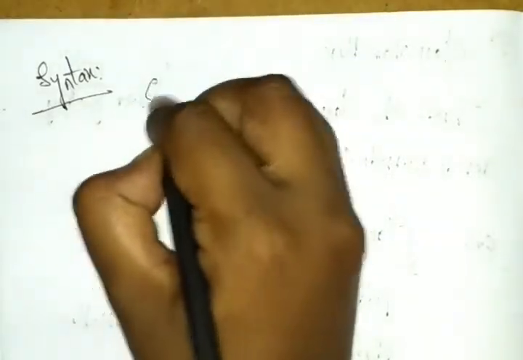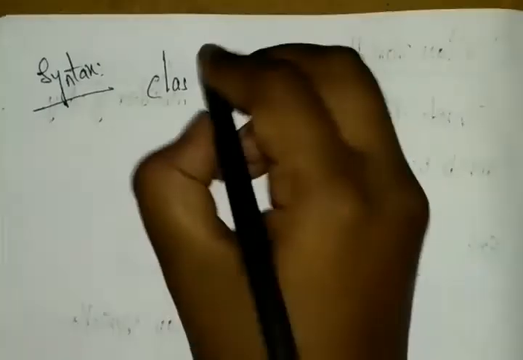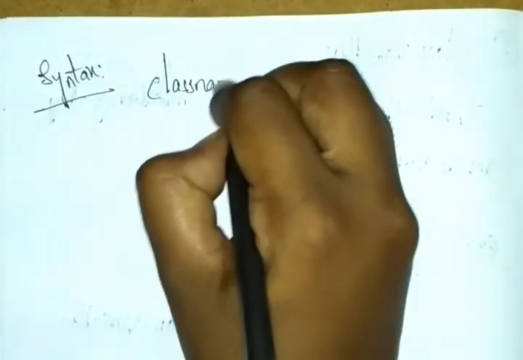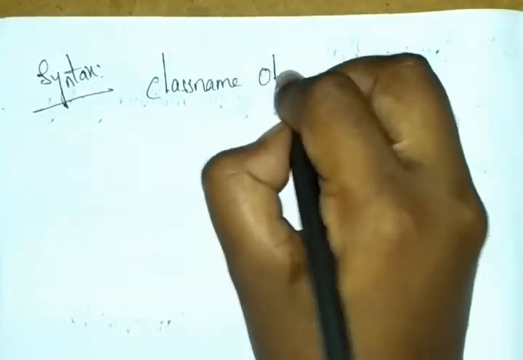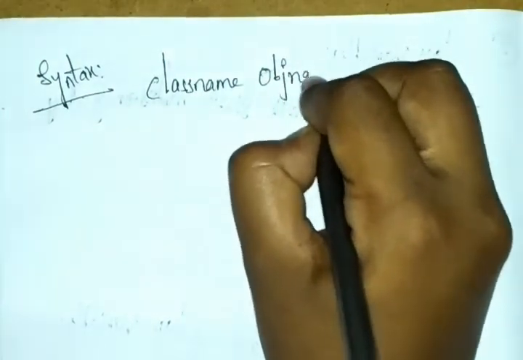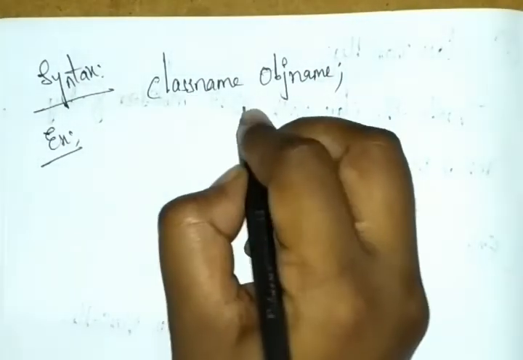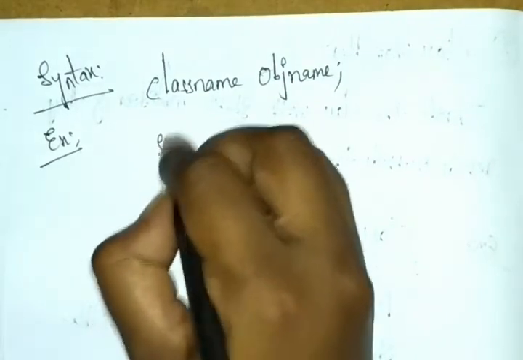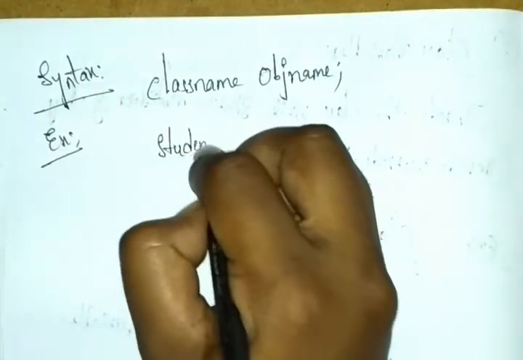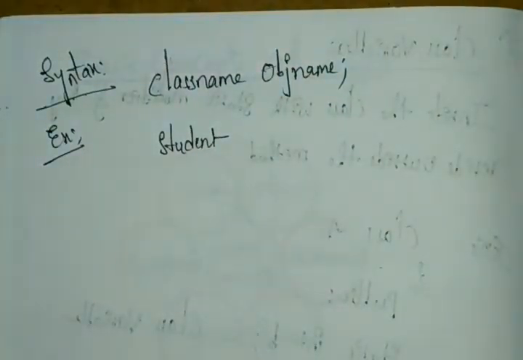Right? So here the object is defined, or else it is the instance of our class. You can see first we need to write the class name, and after that you need to write your object name. For example, I'm choosing the class name as Student.